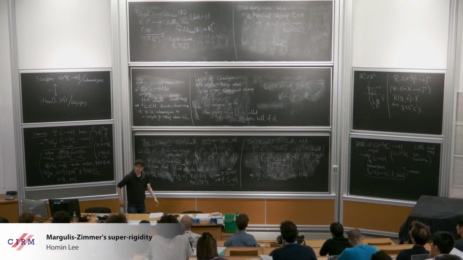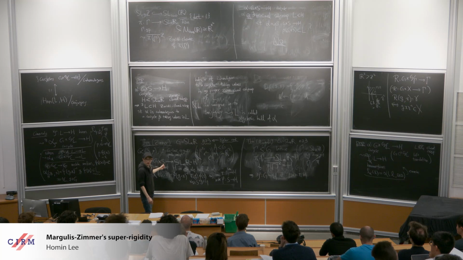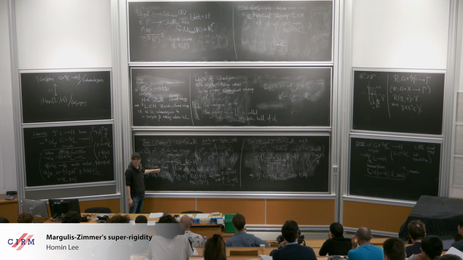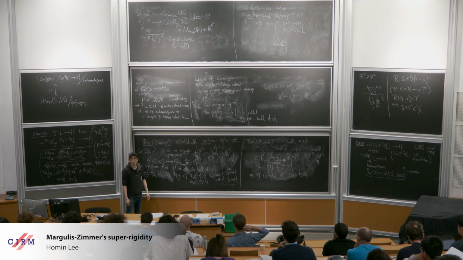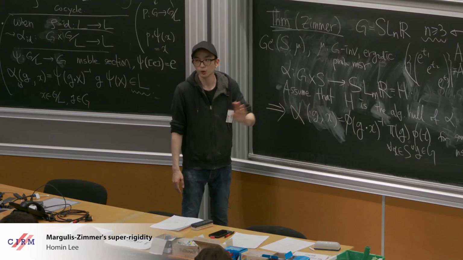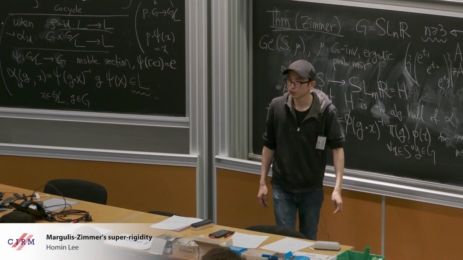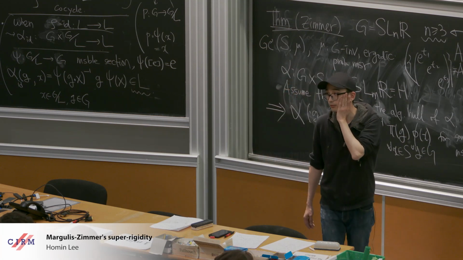Actually, you cannot really use the cocycle superrigidity for a general derivative cocycle, because now I have a slightly weird assumption, which is that the algebraic hull is simple. So we will see later how you can generalize this superrigidity to a general target. Please wait until tomorrow. I will show you later. But usually you cannot control it at all.